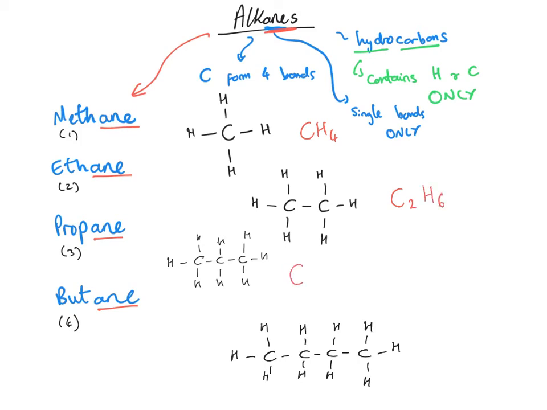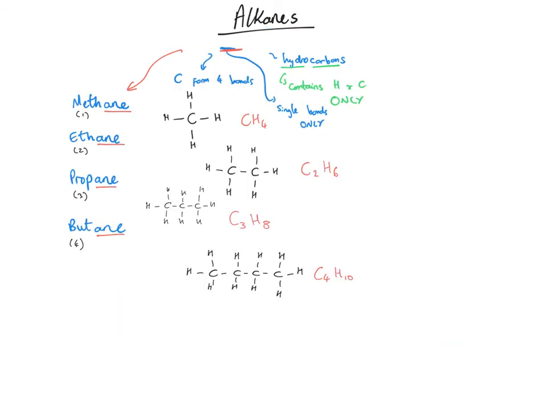Propane has got 3 carbons and 8 hydrogens, and butane has got 4 carbons and 10 hydrogens. Now what you'll notice is if you're looking at these 4 formulas, okay, there is a pattern. So that means there's a pattern for all alkanes that they must follow.